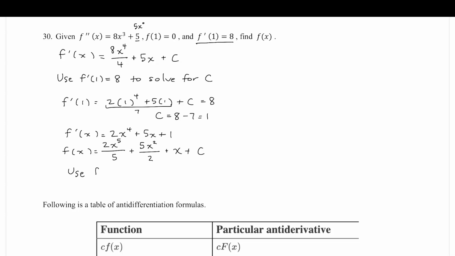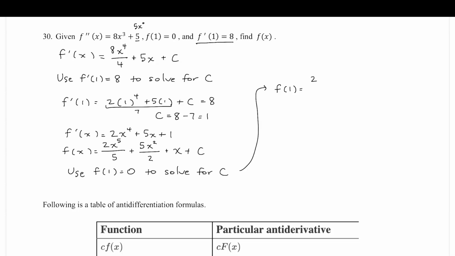And I will temporarily add the plus c, but I'm going to use the other bit of information I was given, that f of 1 is 0, and I can find c. So I'll be finding a particular antiderivative.